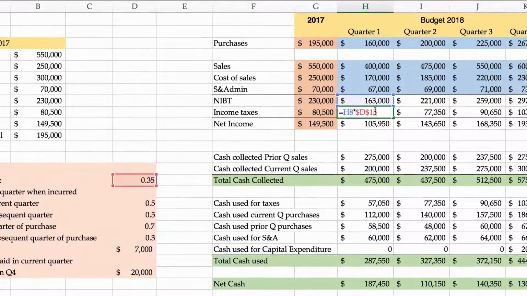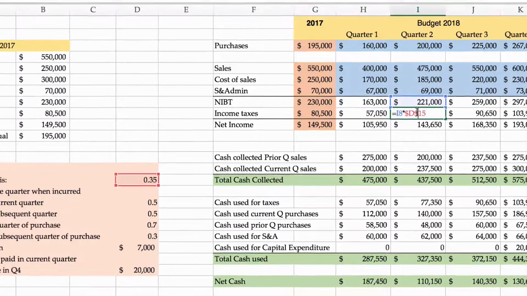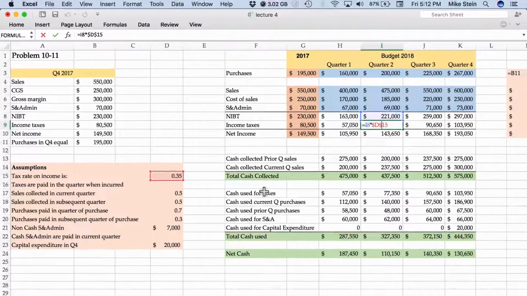Notice that I have the net income before tax times the tax rate, and I put this in over here with a reference, and notice the use of the dollar signs there that essentially makes sure that this cell gets referenced. So when I copy and paste over here, notice once again that the reference is to where the tax rate is.